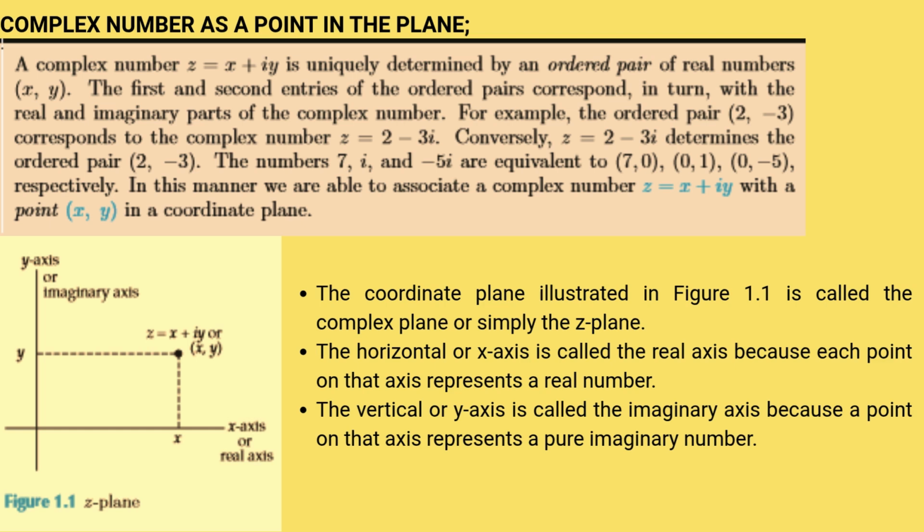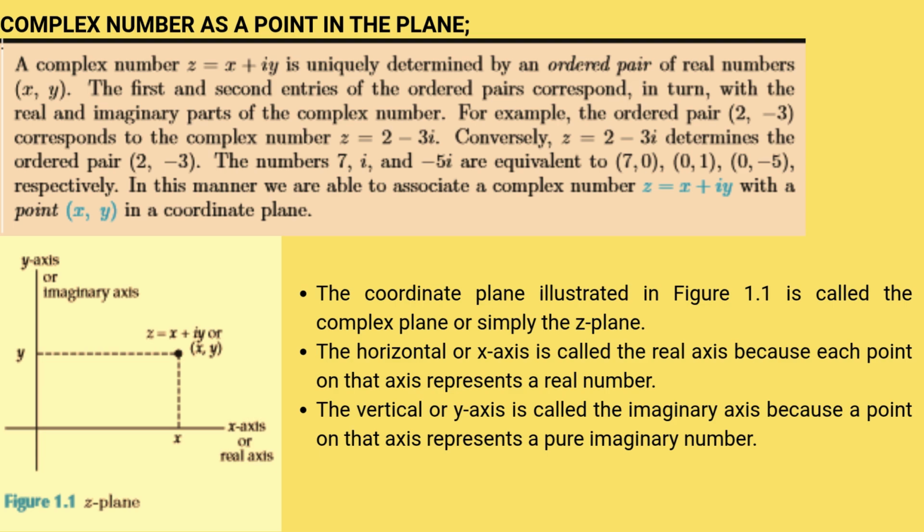So in this manner we are able to associate every complex number with a point (x, y) in the coordinate plane. This coordinate plane, defined so, is called the complex plane or the z plane, or sometimes it is called Argand's plane.